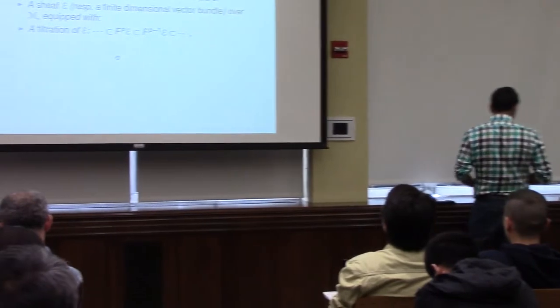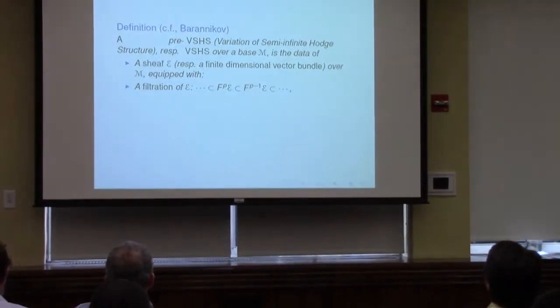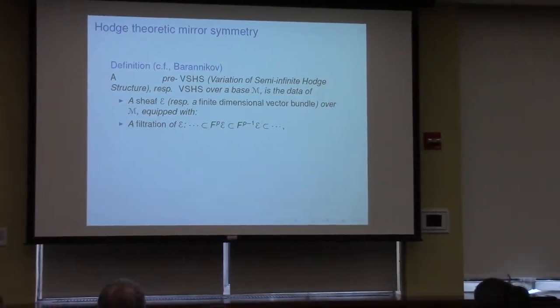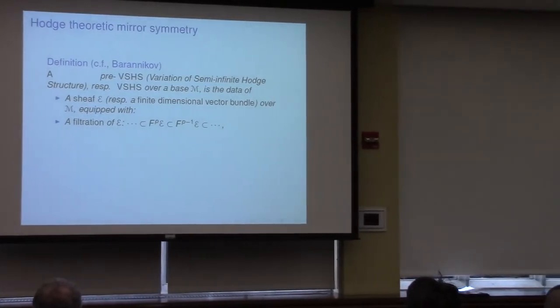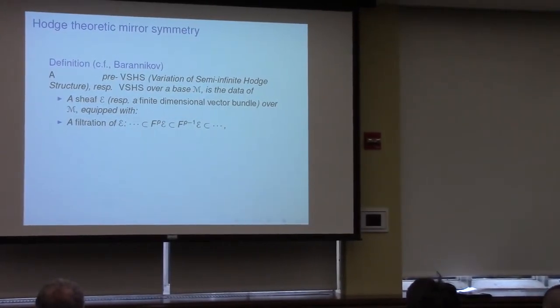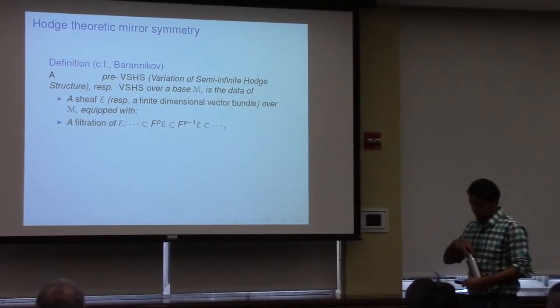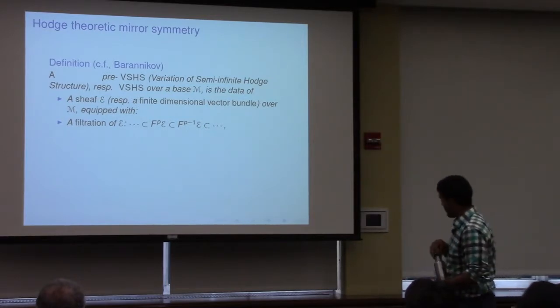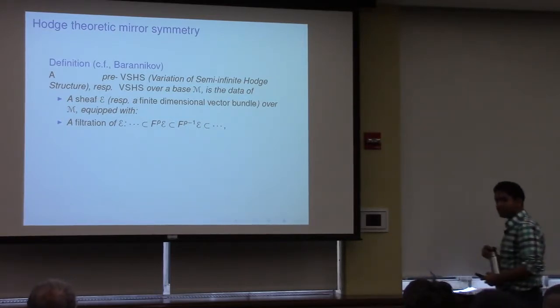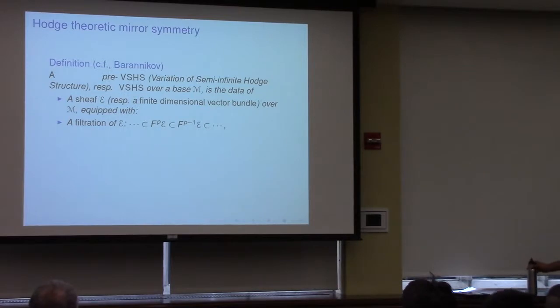Okay, so let's formulate Hodge-theoretic mirror symmetry, which is the key intermediate step. We're going to use a version of this due to Barannikov. We'll start with defining a pre-variation of semi-infinite Hodge structures over some base, which we should just think of as a formal punctured disk. So what is this?